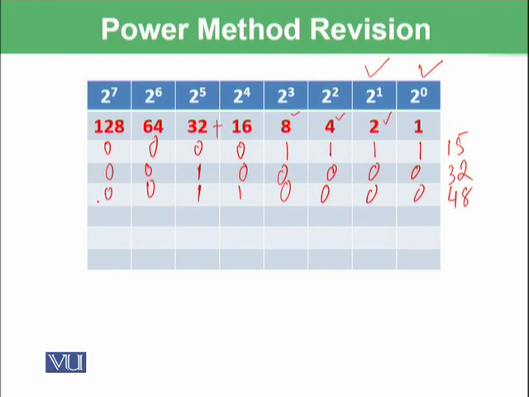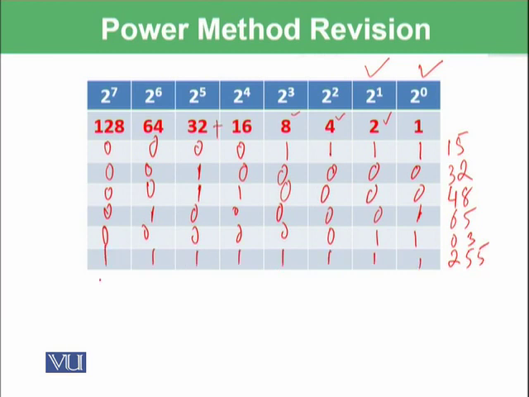Then, to display 65, it is 64 plus 1, with all others zeros. Similarly, to display 3, 2 plus 1 is 3, and all others are 0.